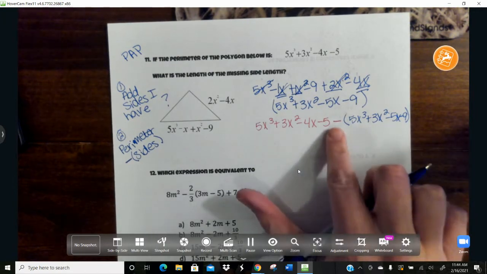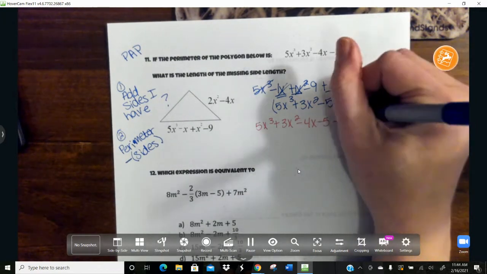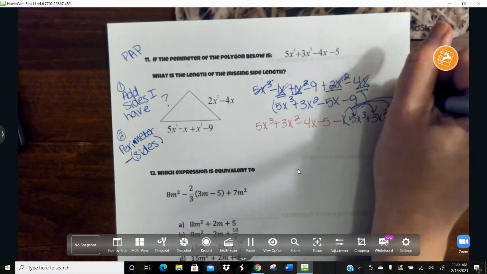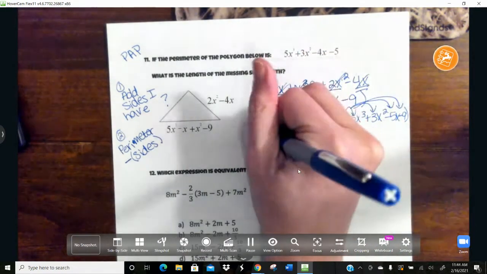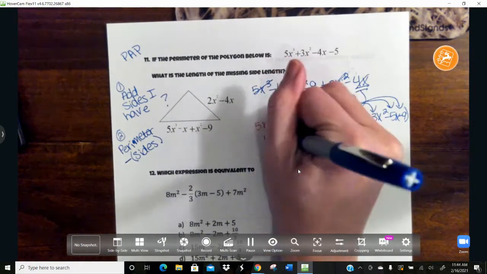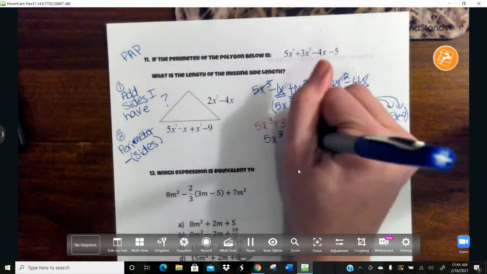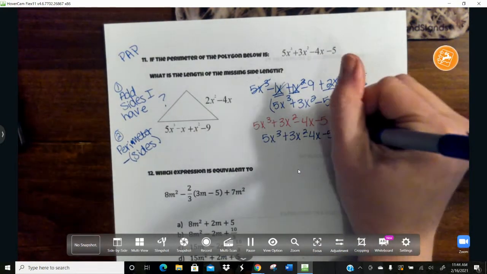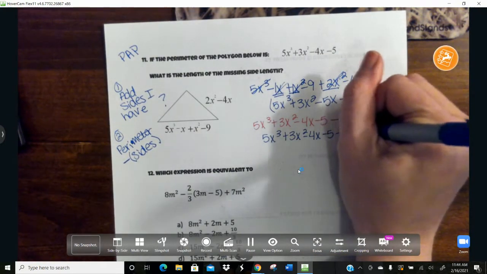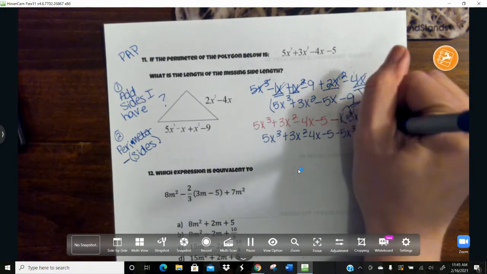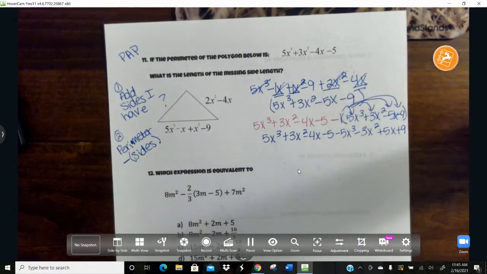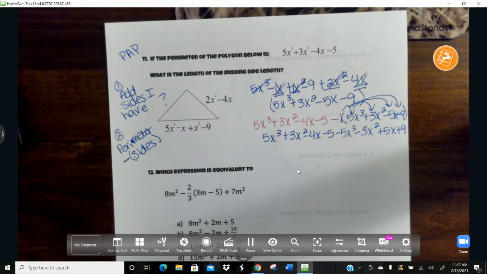Remember, when you have a minus in front, we have to distribute that negative 1 to all 4 terms. So we're going to have 5x cubed plus 3x squared minus 4x minus 5, minus 5x cubed minus 3x squared plus 5x plus 9. So now I'm just combining like terms again.